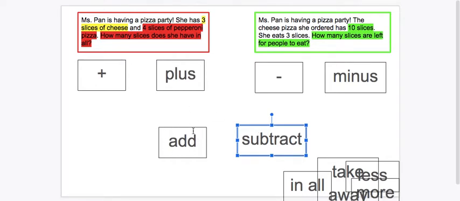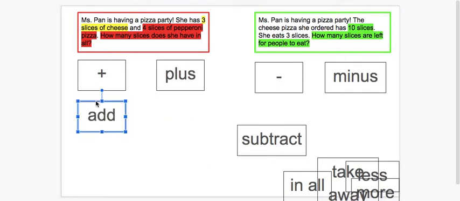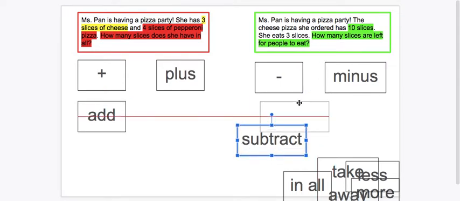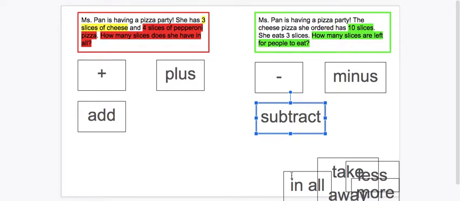Where should the word add go? Under the red addition side or the green subtraction side? You're right, it goes under the red addition side. Add, addition. Then we have subtract, subtraction. So subtract goes on the green side.